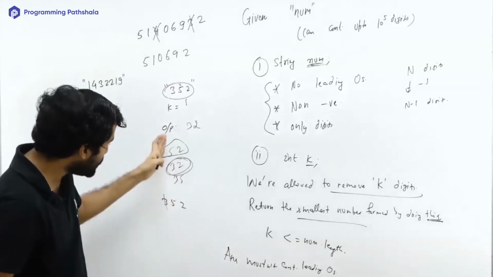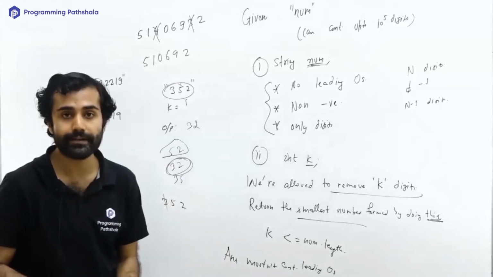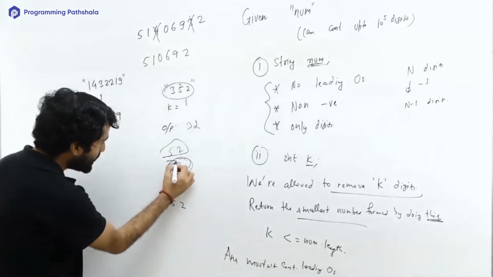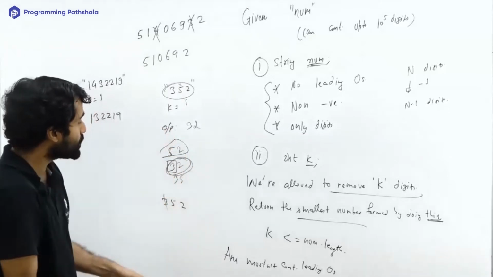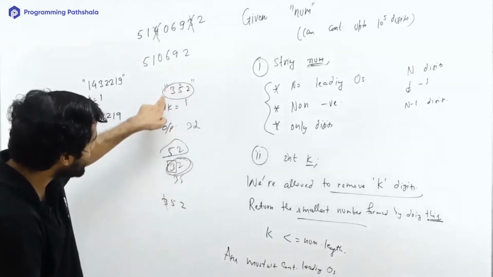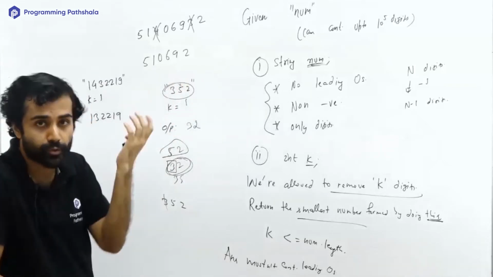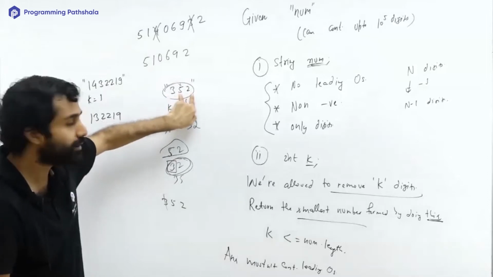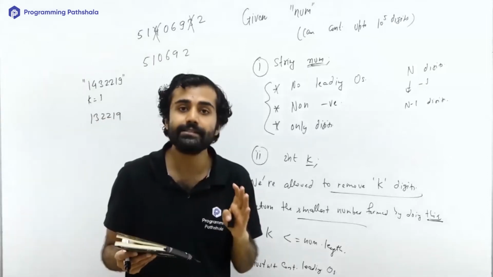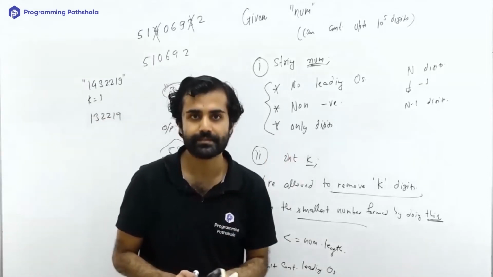Which one is smaller depends on whether it starts with 3 or with 5. So there is no ordering at the level of these numbers. You do not know whether the first number will be smaller than this or this one will be smaller. So you can't just blindly remove some digits.